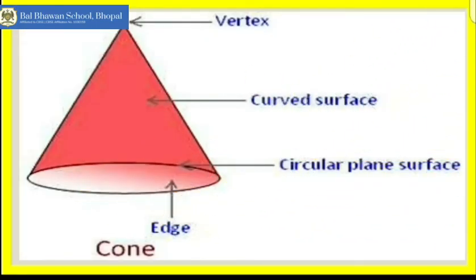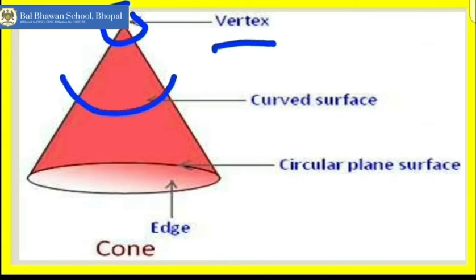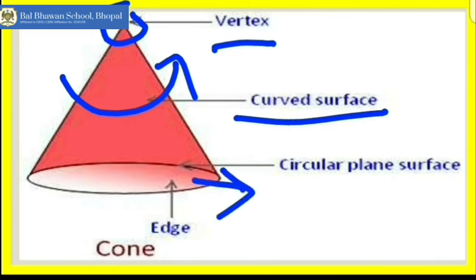Okay, so a short recap of whatever we have learned. The tip of the cone is called a corner or a vertex, and this is your curved or rounded surface, or you can say curved surface. Then this is your circular plane surface. It is circular in shape but it is plane, flat.